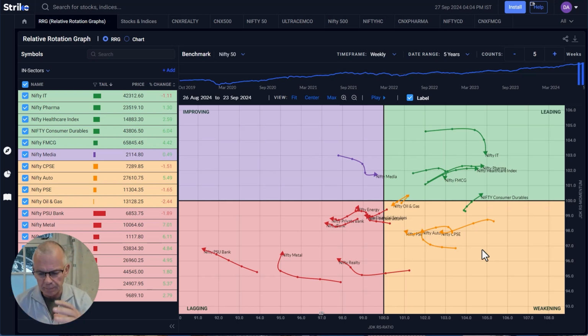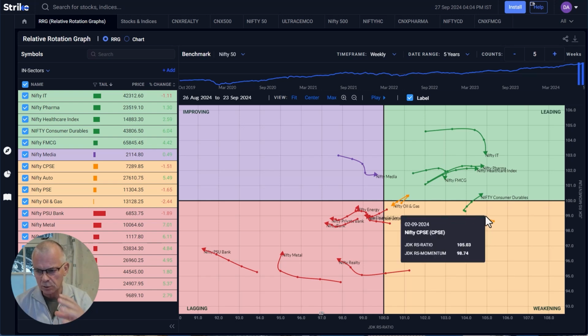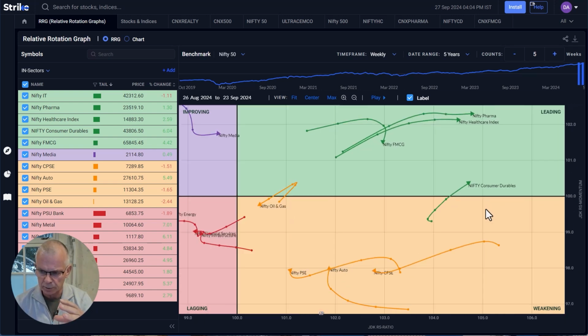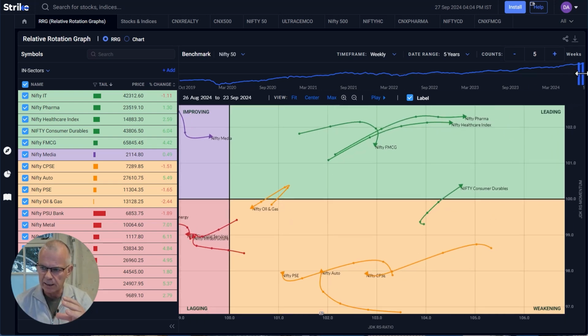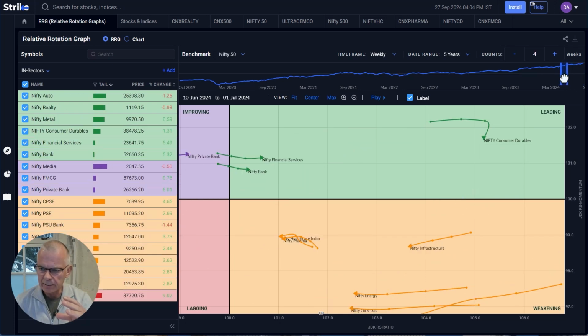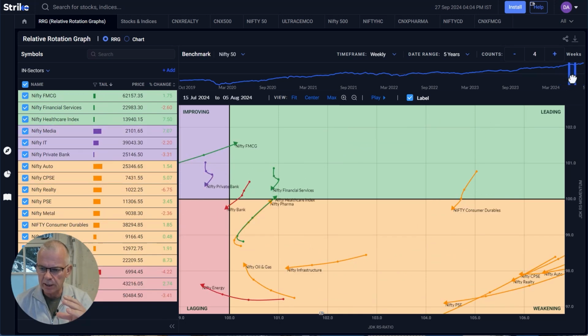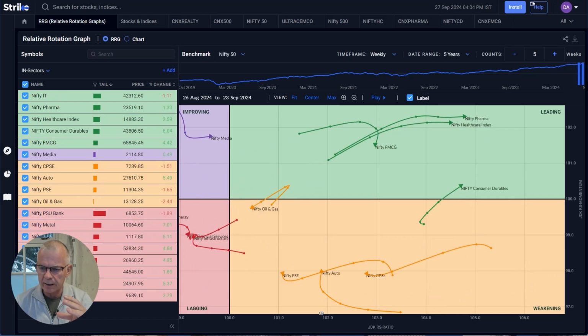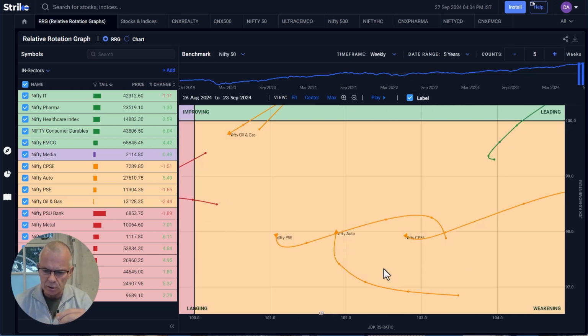So a sector like consumer durables is exactly doing that. You can see how it moved into leading, dropped into weakening, and now it's curling back up and crossing back into the leading quadrant. What that means is that consumer durables are starting a new up leg in an already established relative uptrend. Another sector that is doing the same is the automobile sector.